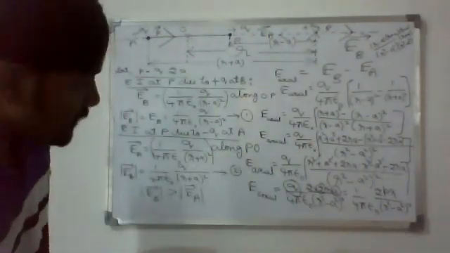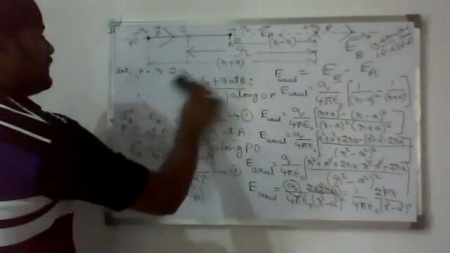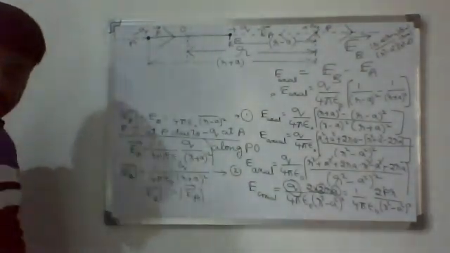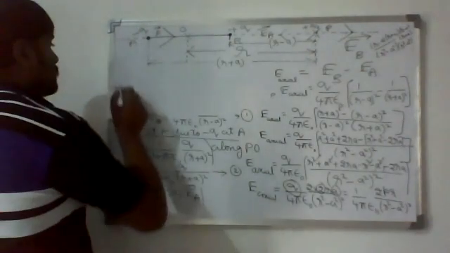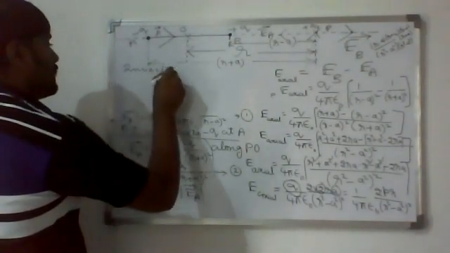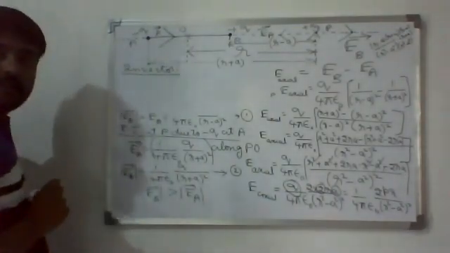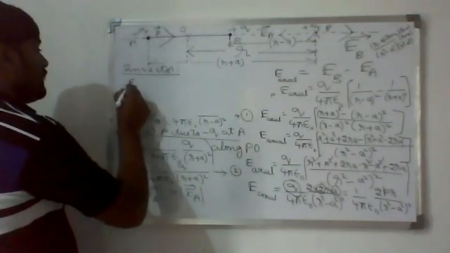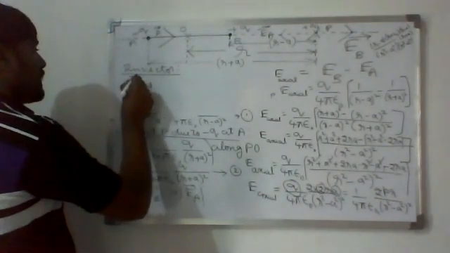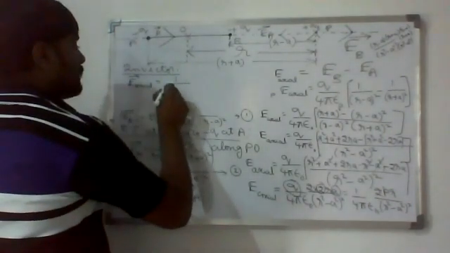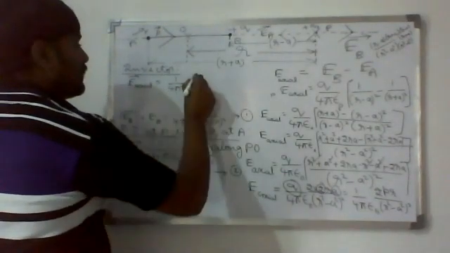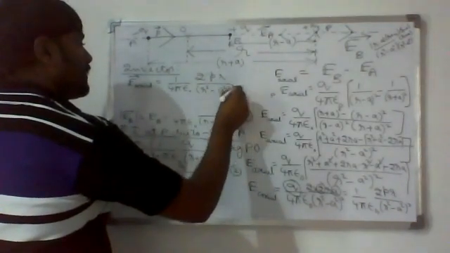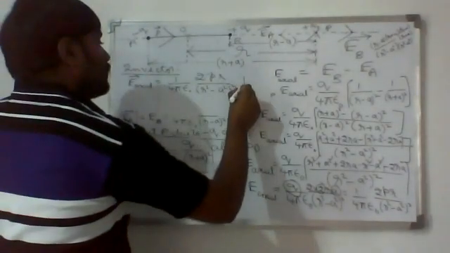Okay, right? So in vector form, the electric intensity at a point on the axial line can be written as E axial vector equal to 1 divided by 4 pi epsilon naught, 2pr divided by (r square minus a square) whole square, into p cap.